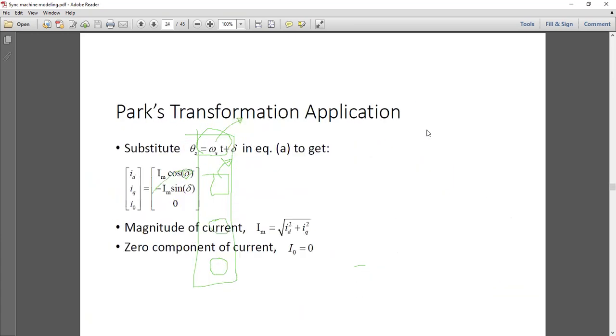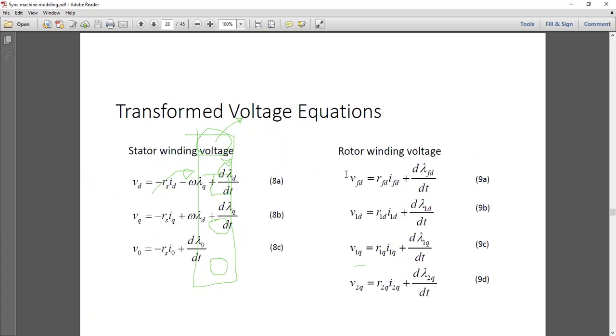So with that information, we keep whatever expressions we earlier had for these 4 rotor winding voltages, VFD, V1D, V1Q, and V2Q. And as mentioned earlier, all the currents on the right-hand side of these 4 expressions have a positive direction.